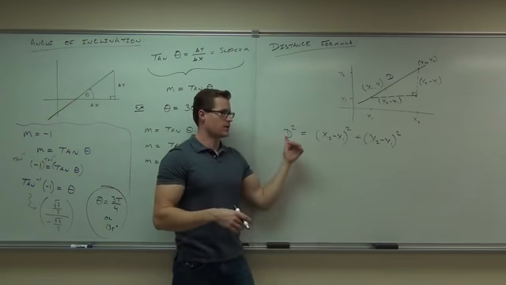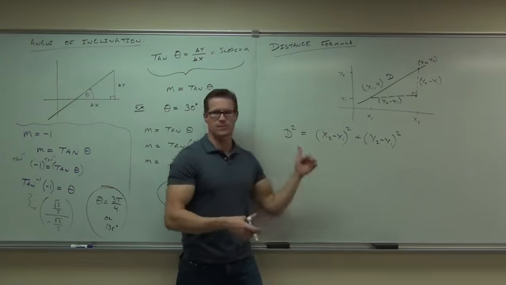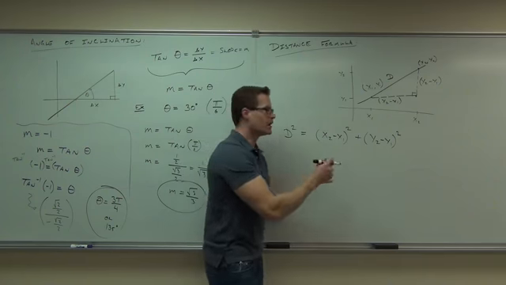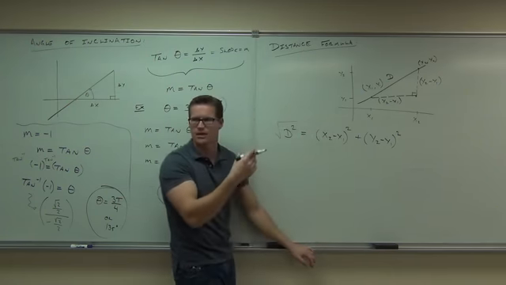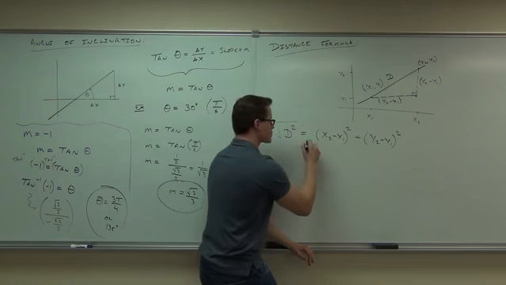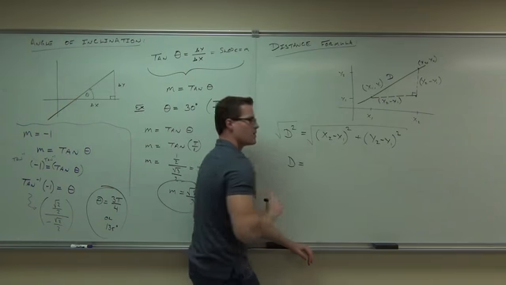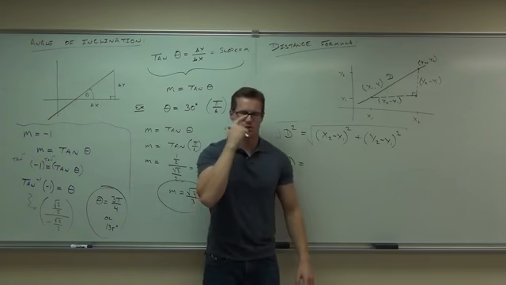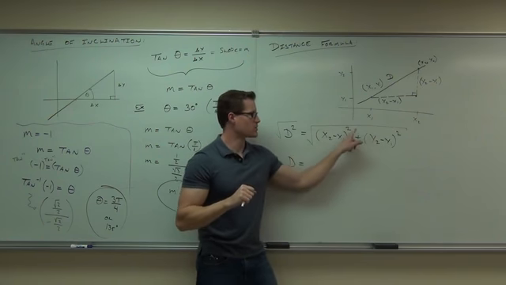So we got that. The only thing we need to do now is get rid of the square. How do I get rid of the square? Yeah, take the square root of the whole thing. Now we are going to omit the plus minus because, well, we can't have a negative distance. That doesn't make any sense. So we're just going to have the square root of this entire thing. D equals, by the way, here's a good question for you. Let's see where you're at. Will this square root get rid of this square and that square?